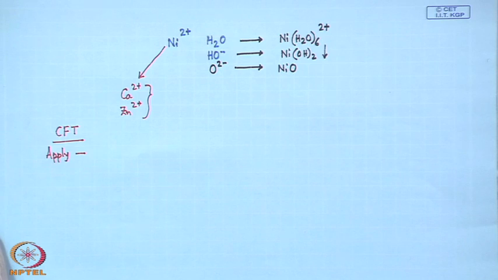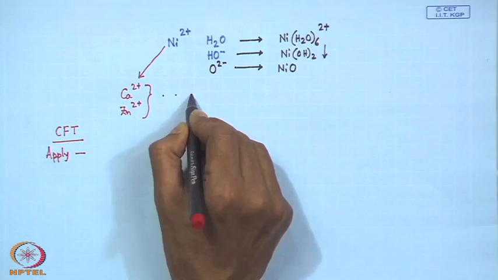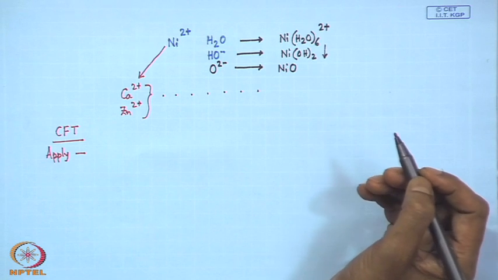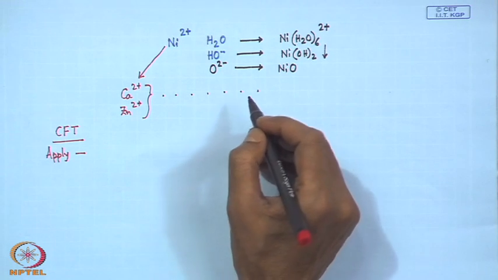So, we will see how we can apply this crystal field theory to certain basic energetics of the system and the thermodynamics, and how we can control them with respect to the crystal field theory. After calcium we know that we can start the entire first transition series elements from scandium, titanium and all these.